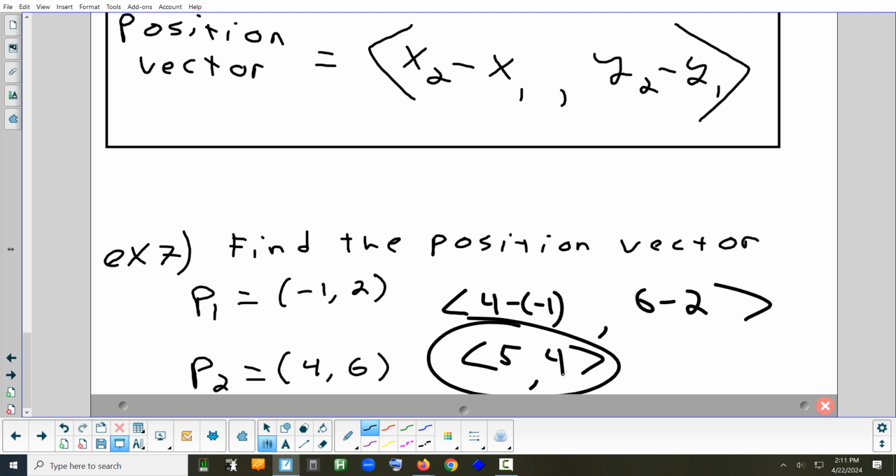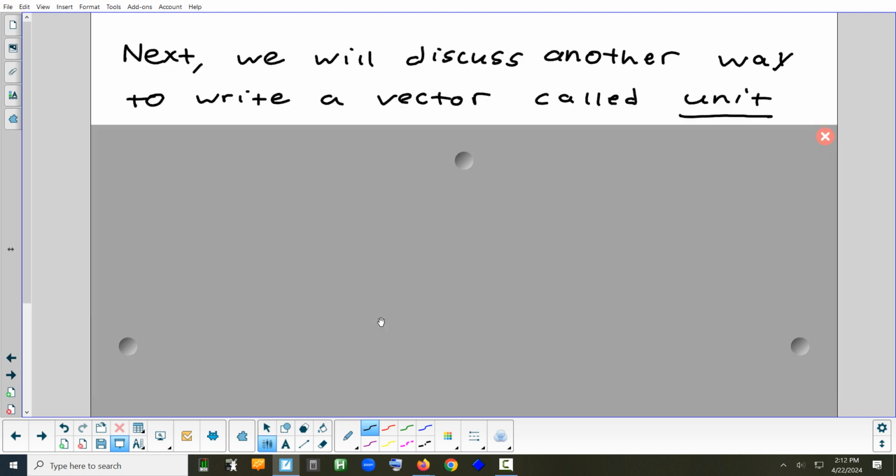Any question on that? Okay. All right, so I've shown you guys two ways that we can represent vectors. The first way I showed you was to draw it with an arrow. Second way I showed you, what was the name that I used? Algebraic.